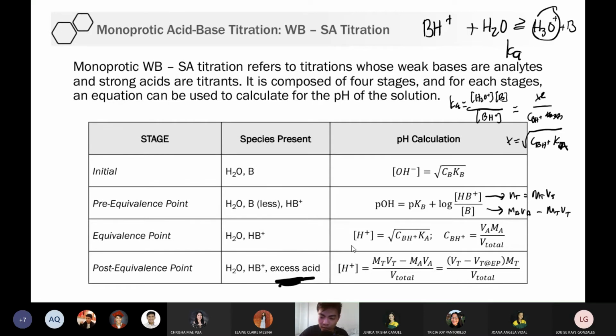And just like last time, ganun pa rin yung equation natin. You can use the Vt minus Vtep times the molarity of titrant divided by the total volume. However, since this is acid, what we will get is the concentration of H+. Take note of that.